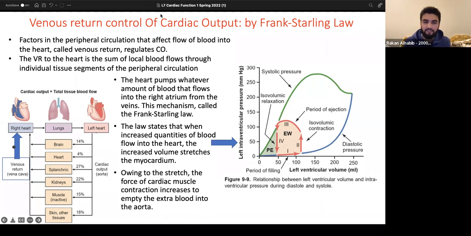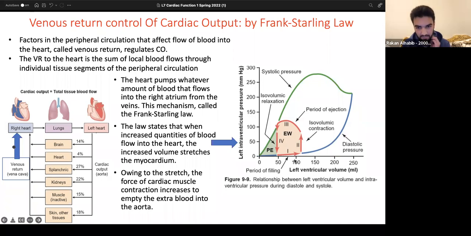Can you please explain the graph again? Okay, I'll go over the graph. So this is the period of filling, right? This is the time where the heart fills. This is the isovolumic contraction, where the heart contracts until the aortic valve opens so that we can reach that level.